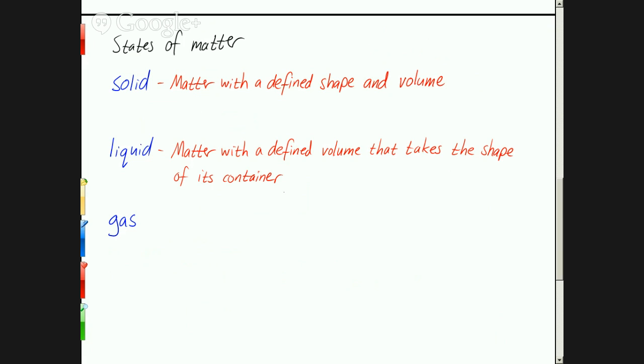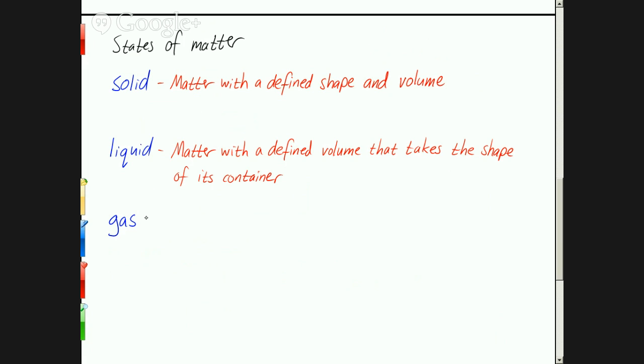I can't compress that water to a smaller volume. I can't expand it to a larger volume. The volume always stays the same. But if I have that liquid in the speaker, it's going to take the shape of the speaker. If I pour that water on the table, it's going to take the shape of the table. If I pour that water in a long skinny tube, it's going to have a long skinny shape.